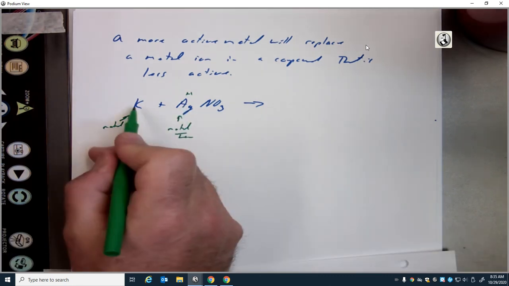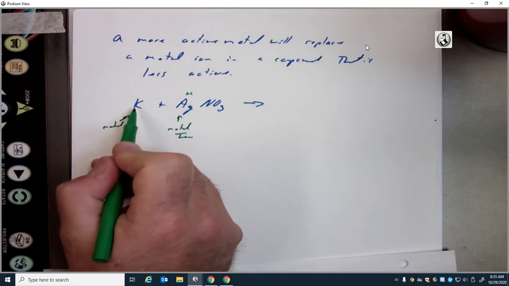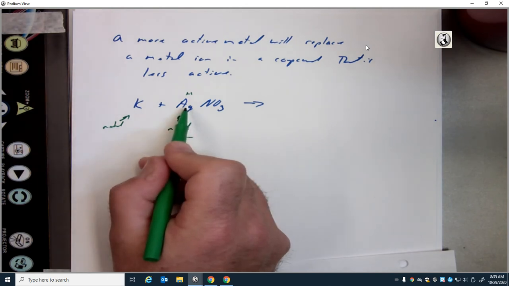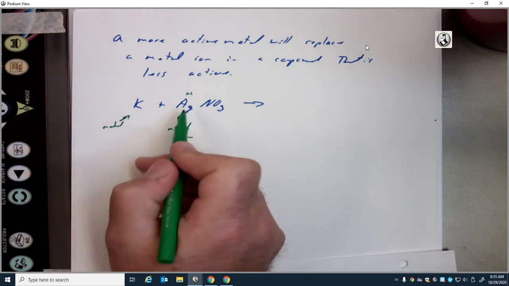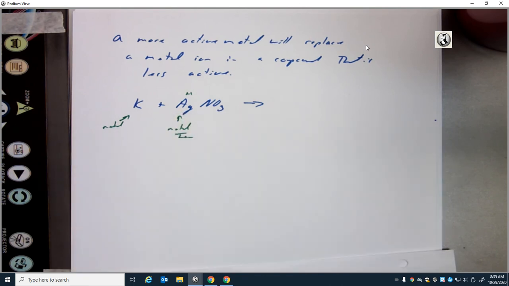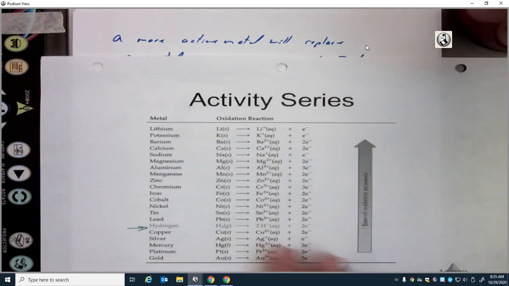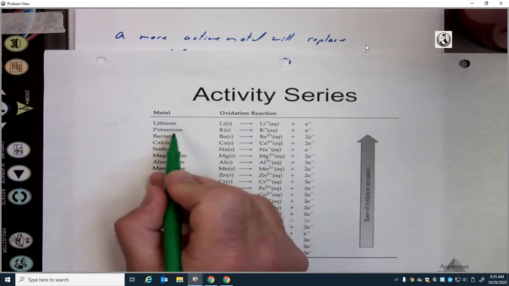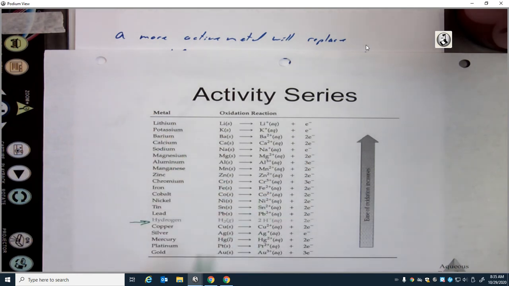Well, we know that K is actually a very, very active metal. Okay. Ag is very non-reactive. So the metal is more active than the metal ion, so this reaction is going to occur. But we could look on here too, if you didn't know that. So here's potassium. Okay, so there's my metal atom. It's well above my metal ion.